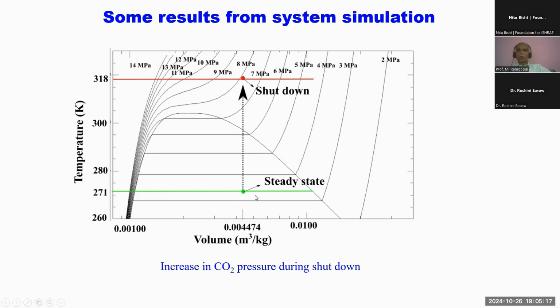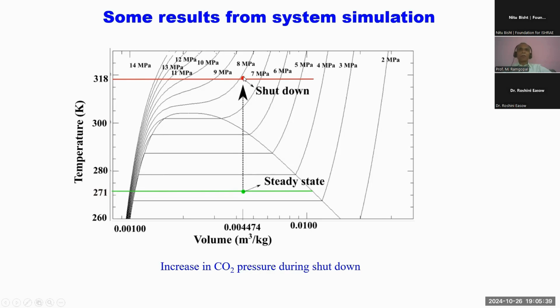Since the amount of carbon dioxide is fixed inside the system and the internal volume is also fixed, when the system is switched off, because of this fixed internal volume and fixed mass, as the temperature rises, the pressure starts rising. Okay, so if it is off for a sufficiently long time, and if it reaches steady state with the surroundings, you will find that the pressure is almost 80 bar.